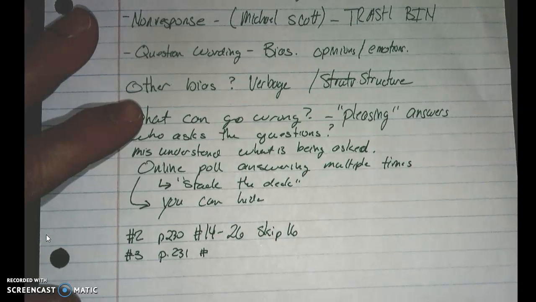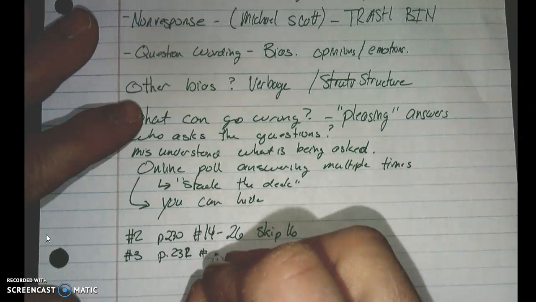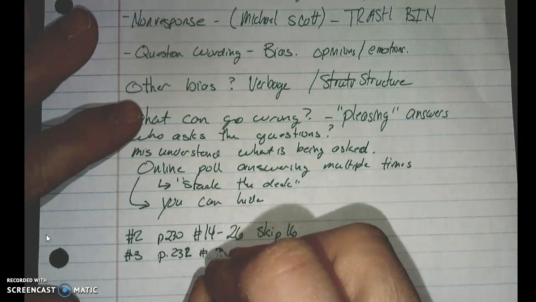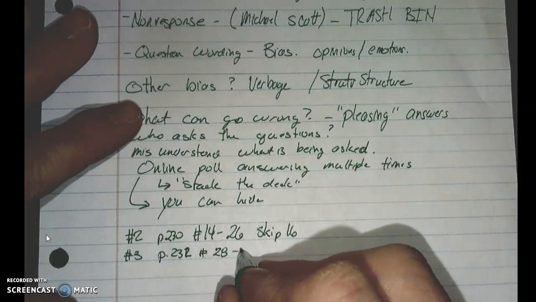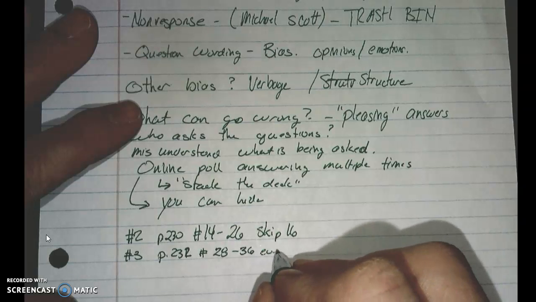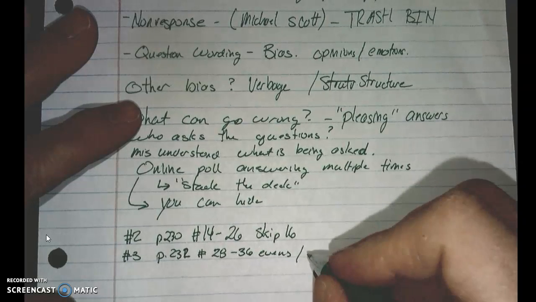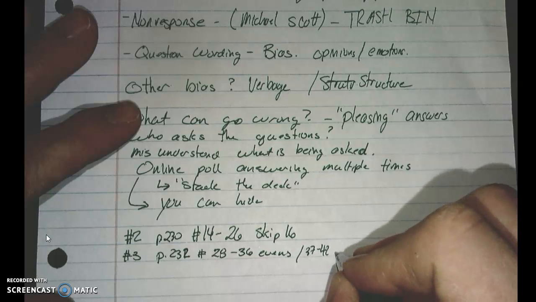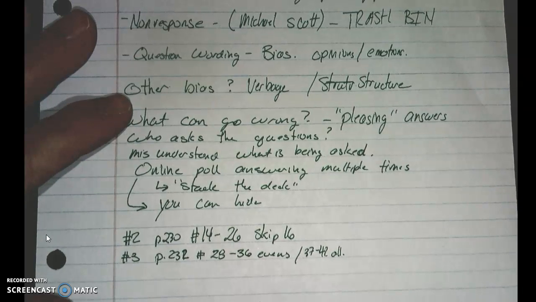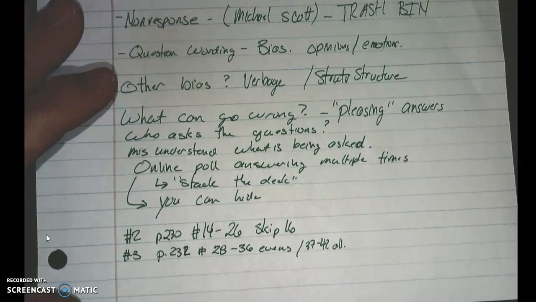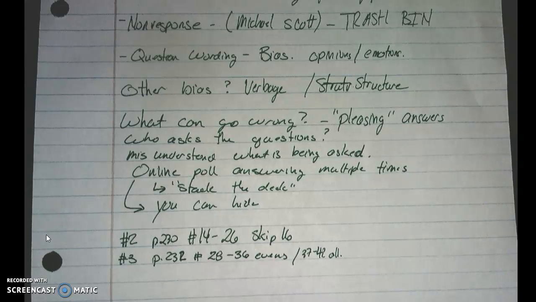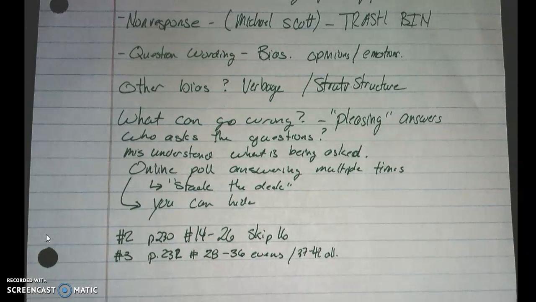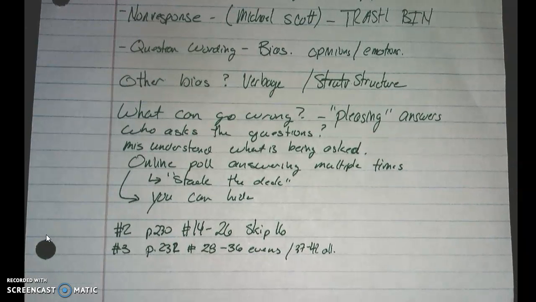Nope, 232. So that's 28 through 36 evens. And then you've got 37 to 42 all. Okay, so you guys should be able to do that. And then if you want, you can work on your surveys, your activities now, and then we can have that nice little peaceful time. Okay.